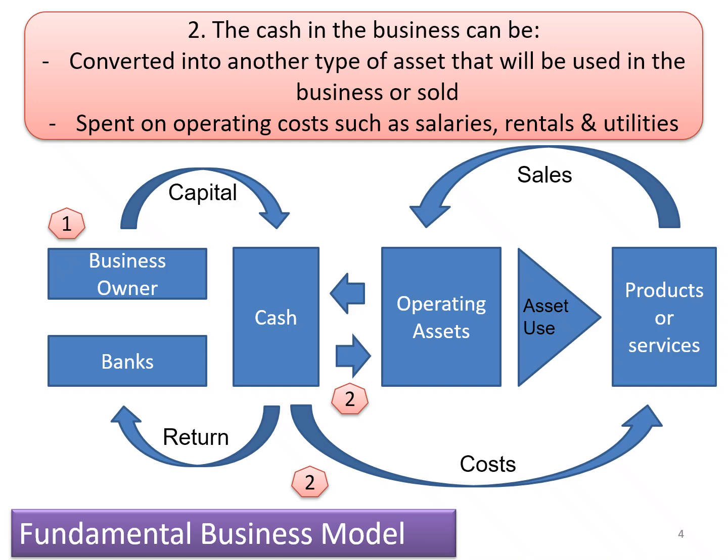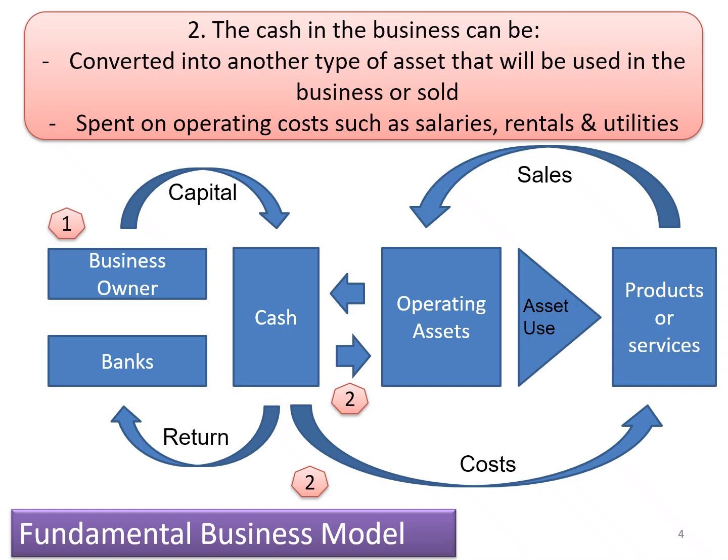It can either be what we call inventories, or maybe just to be used for our rendering service. So we buy another type of asset using the cash.